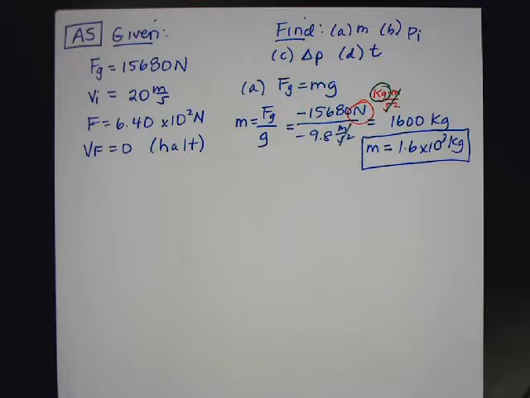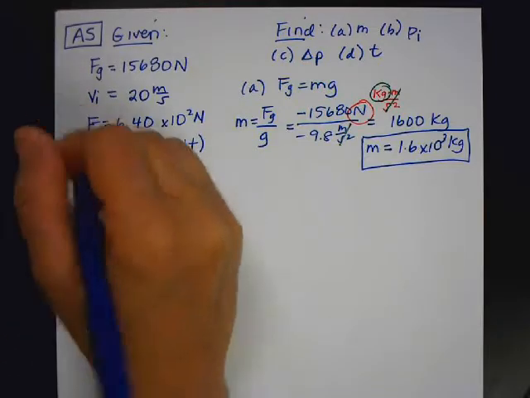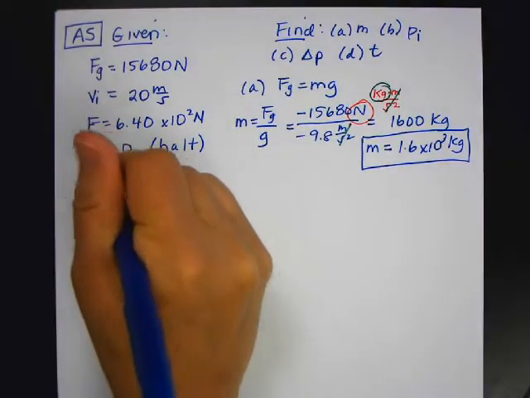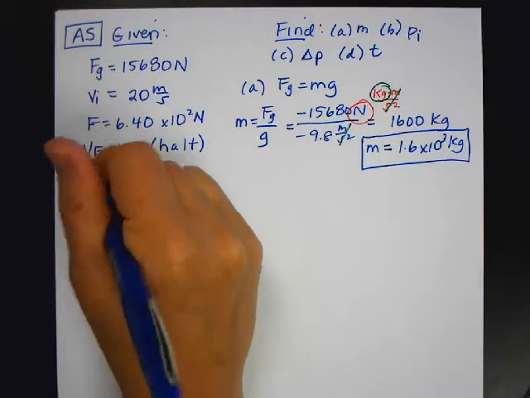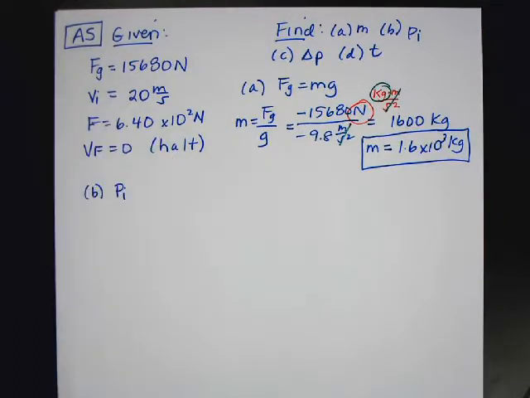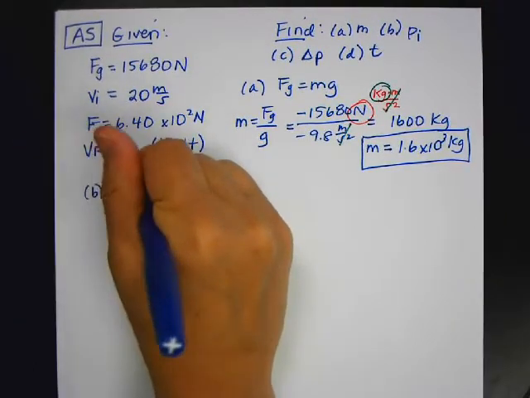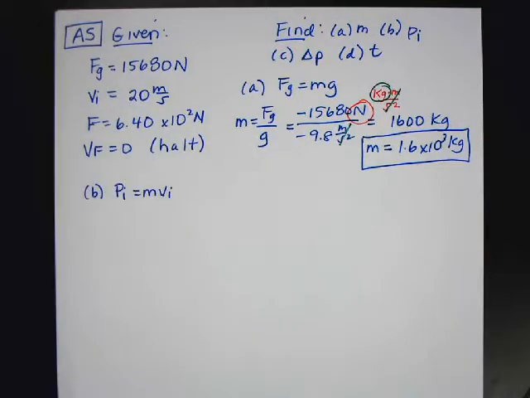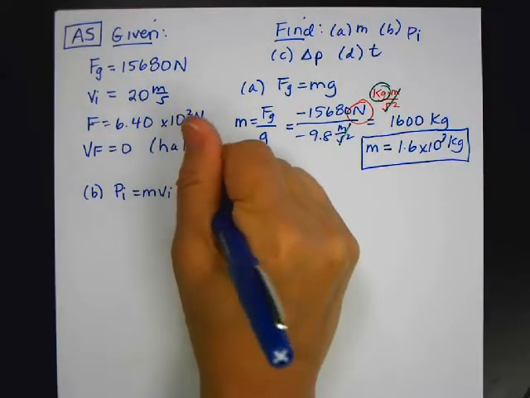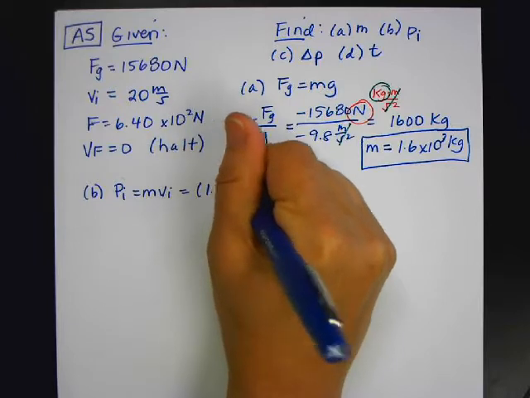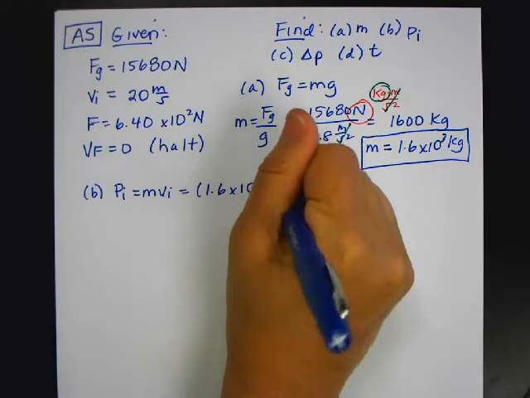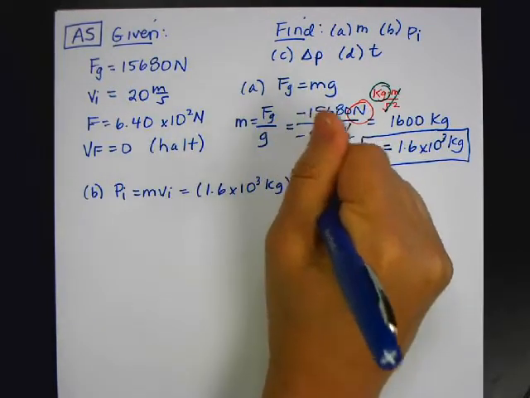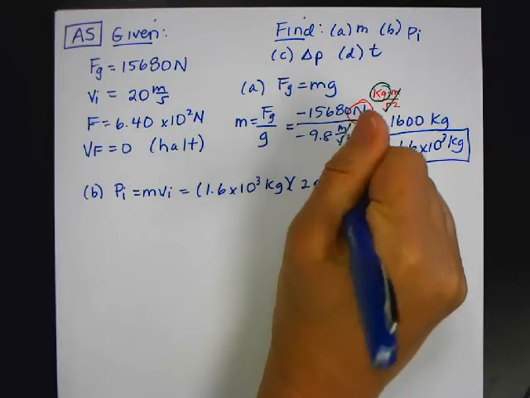Now let's look at part B. Part B says find the initial momentum. So the initial momentum is pi, which is going to be m vi. So that's going to be 1.6 times 10 to the 3 kilograms times my initial velocity, which is 20 meters per second.